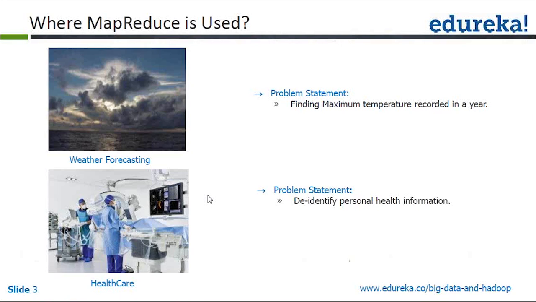Take replication, which is a concept for fault tolerance. Any incoming file that you want to process within the Hadoop cluster is broken into chunks. So let's say you have a file of 10 GB, it will be placed in different blocks within the cluster on different nodes.